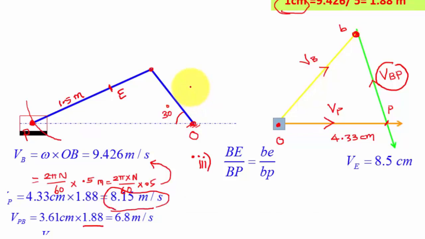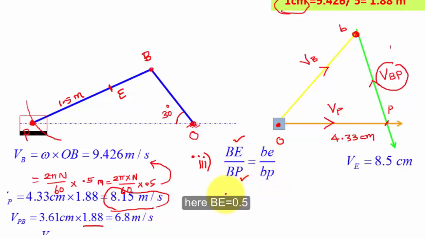Okay, this is B. The ratio is BE divided by BB equal to small be divided by small bb.